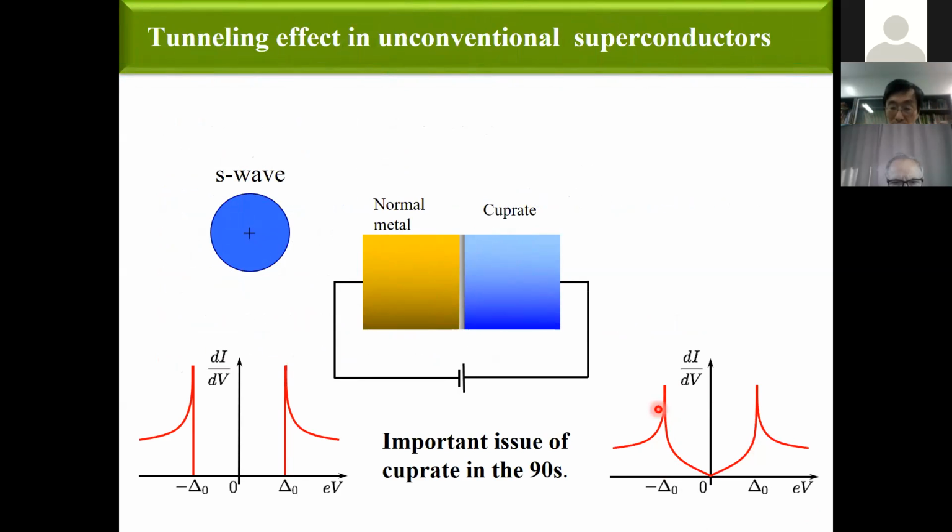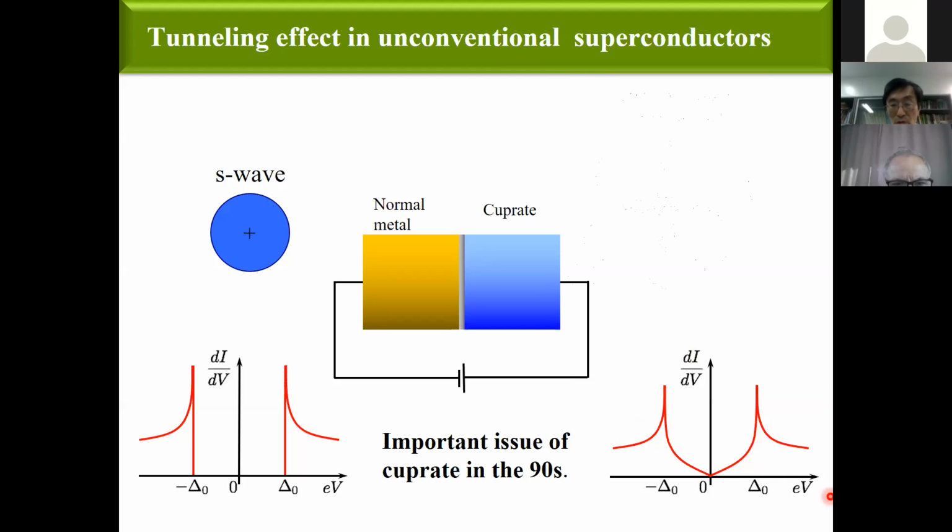The density of states has a V-shaped behavior, where the density of states is proportional to energy. So naively speaking, from the analogy to tunneling spectroscopy in an s-wave superconductor, we imagine the resulting tunneling conductance might look like that.